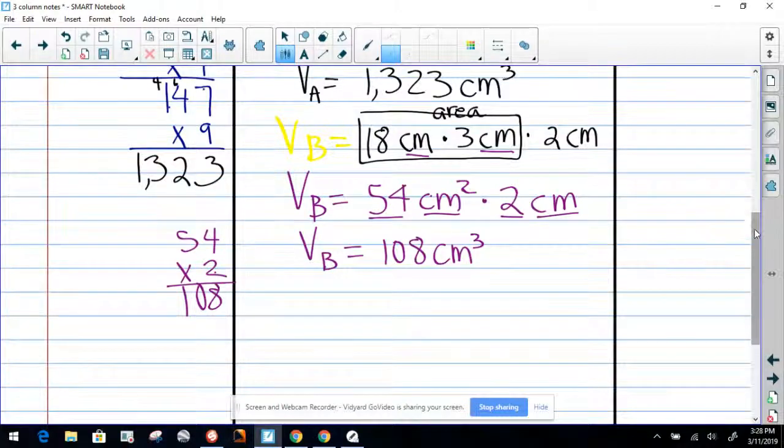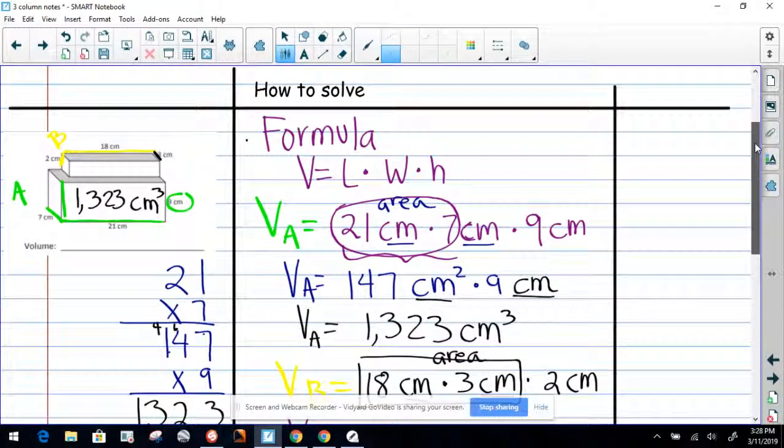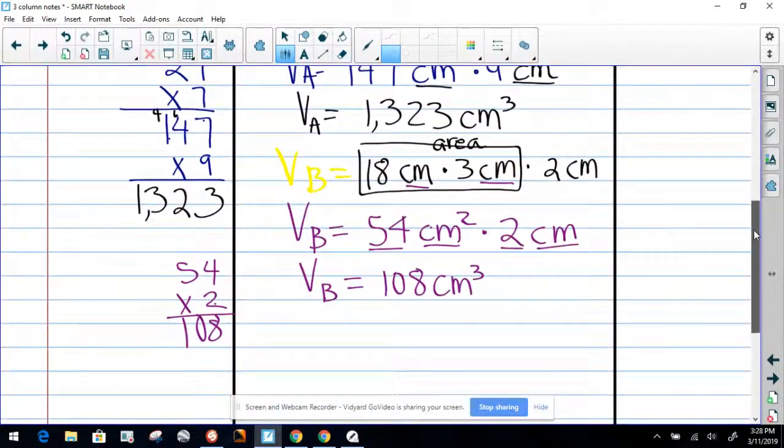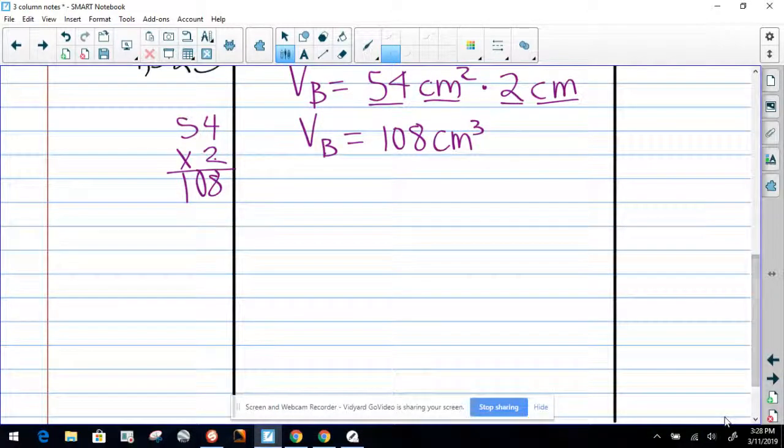Now the question is, what is the total of the complex figure, the combined figure? The total is going to be the total volume of the complex solid. Let's write this down.